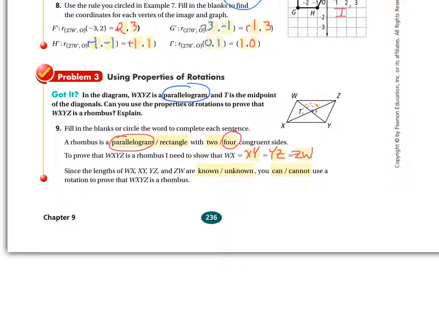I have to show that all 4 sides are equal to each other. Since the side lengths of WX, XY, YZ, and ZW are known or unknown, do we know their side lengths? Nope, they are unknown. You can or cannot use a rotation to prove. Cannot.